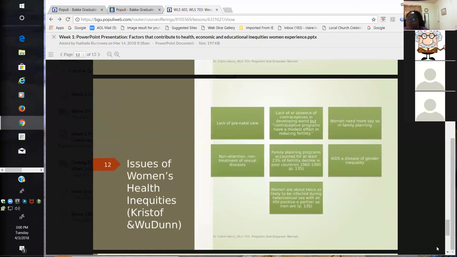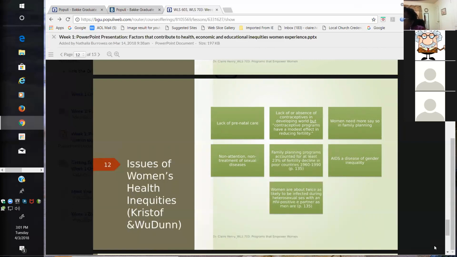Issues of women's health inequities. Christoph Van Don has addressed those. It's addressed in the literature, in most of the literature that we will be looking at. But there's the issue of lack of prenatal care, the lack of or absence of contraceptives in the developing world, but contraceptive programs have had a modest effect on reducing fertility.